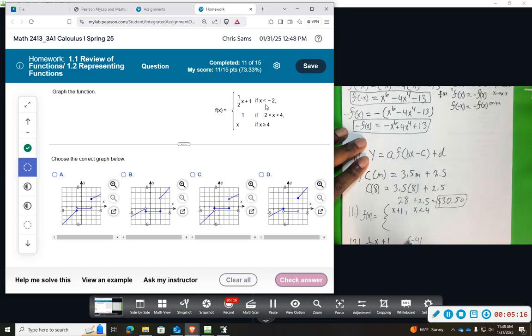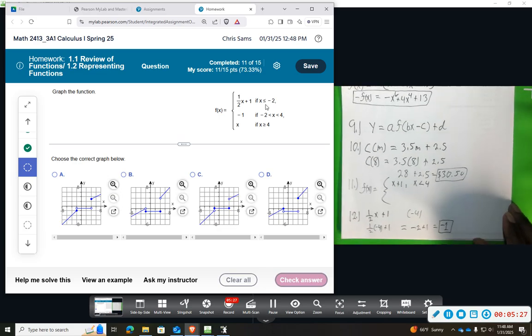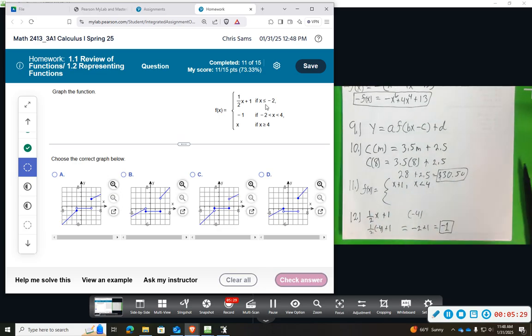So when I go to -4 on one of those graphs, if it gives me -1, that tells me it matches. Sorry, I didn't realize this was off the screen. But I'm going to plug in -4, and if it matches up, we're going to be good. So I'm going to go here, -4, and it should be right here at -1.